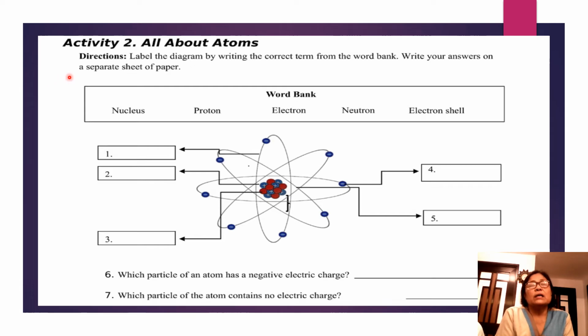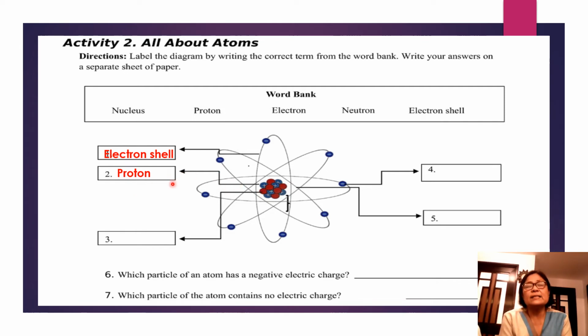Directions: Label the diagram by writing the correct term from the word bank. Write your answers on a separate sheet of paper again. So in number 1, what is your answer? This is electron shell. In number 2, so class, what is your answer?